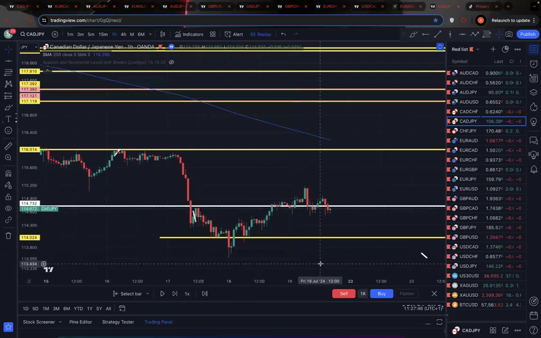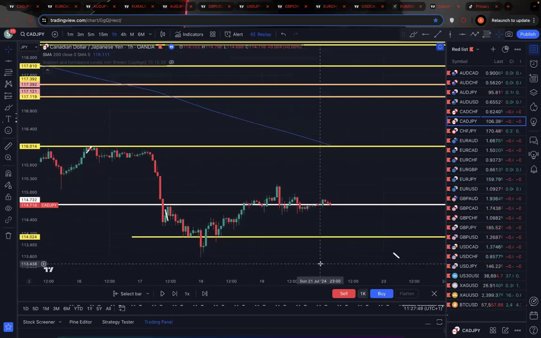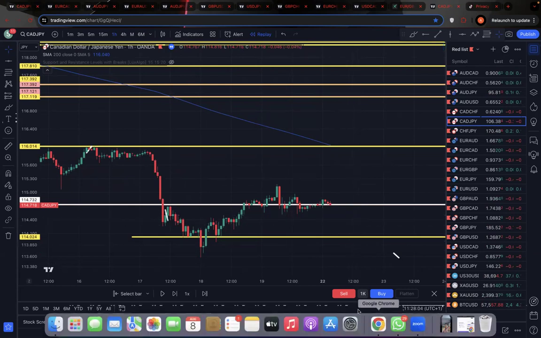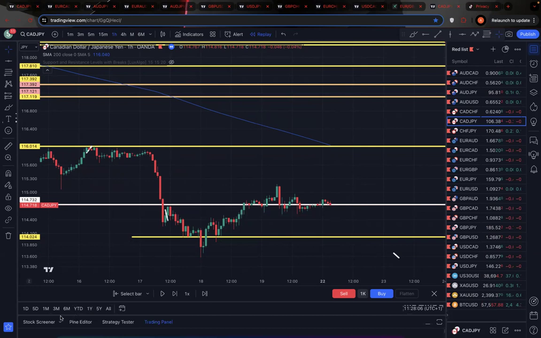So every single support and resistance, except the market has not been to that zone before. Every major support and resistance was actually respected in the past by the markets.